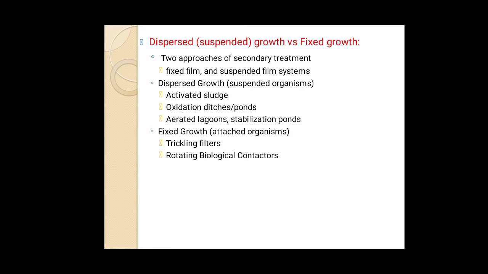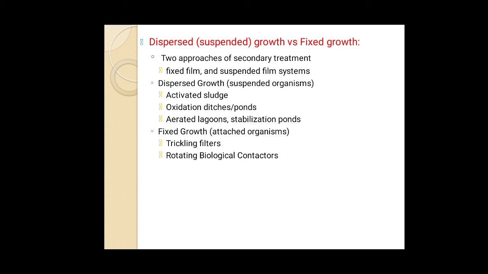Then next is dispersed growth versus fixed growth. These are the two approaches of secondary treatment. The first one is fixed film and suspended film systems. Dispersed growth is called suspended organisms.